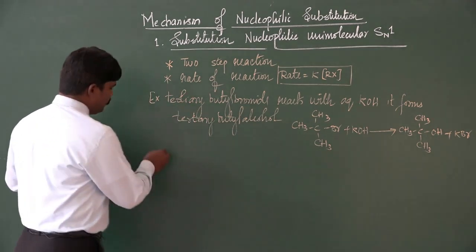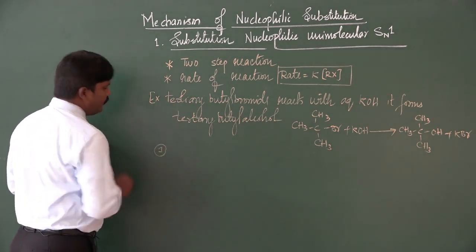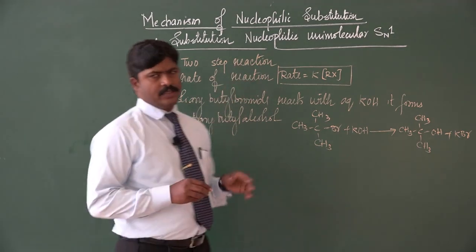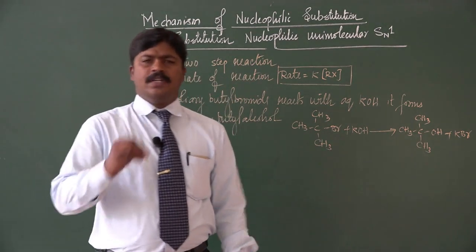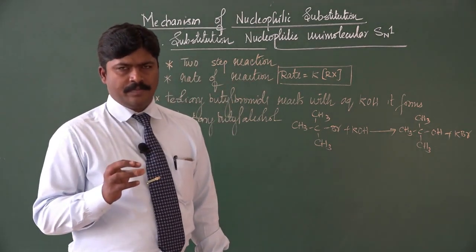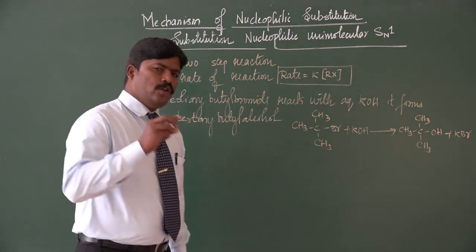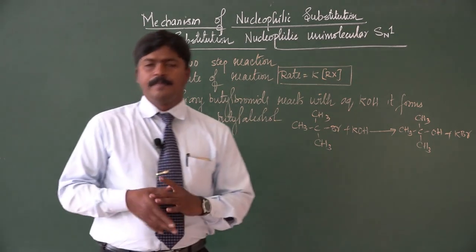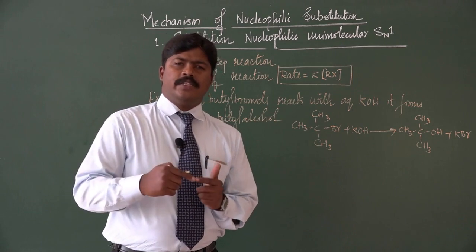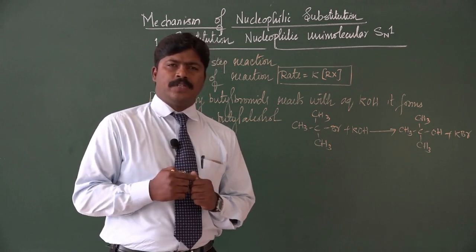Before step 1, I want to give a brief introduction to the rate of a reaction. The rate of a reaction is the speed or velocity of a reaction. If you go back to kinetics, which we will discuss later, the rate of reaction is the change in concentration of a reactant or product with respect to time.